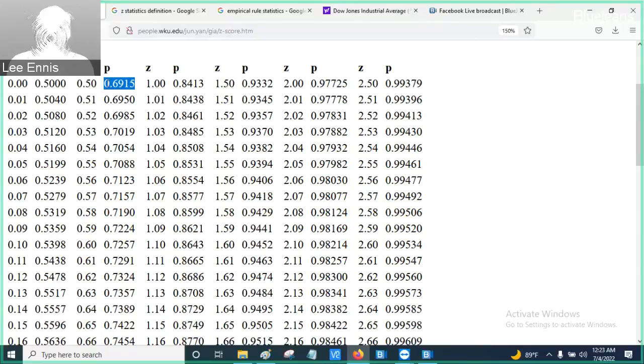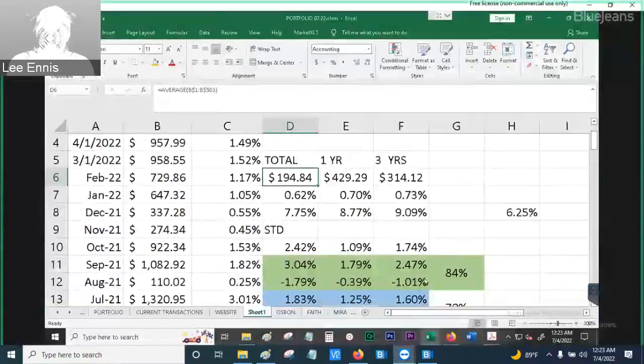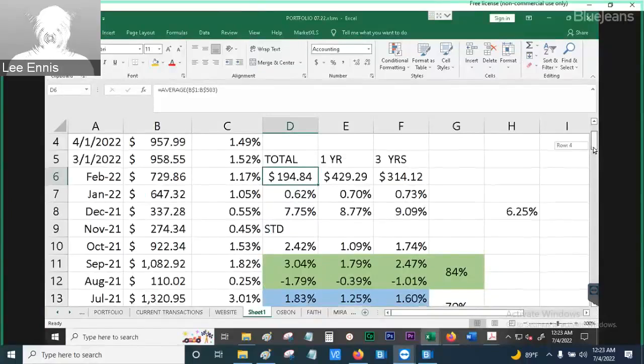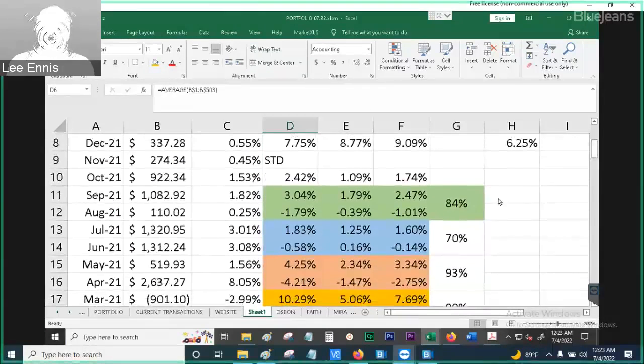But in reality, if you use the actual numbers, it's really 0.5, and it makes a difference. That's what we're looking at here. This is what I usually show in all the videos.